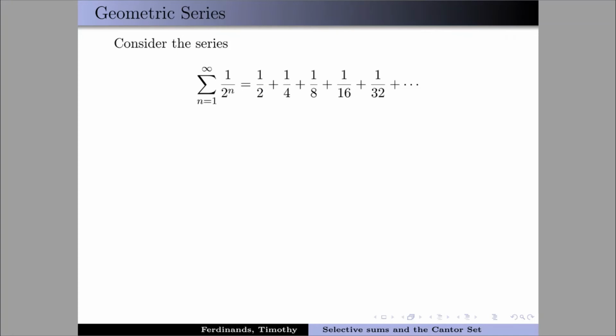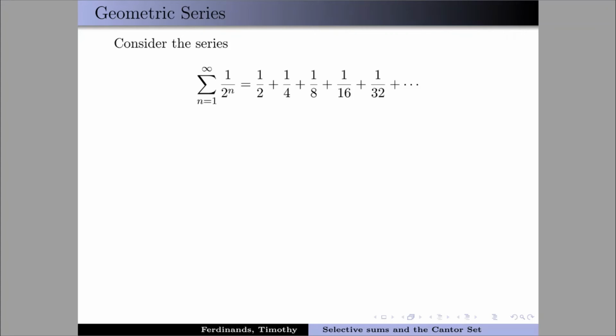For this particular example, I have a visual of what's going on that might help you see how adding up all of the terms in this sequence gives us a series which adds up to 1. So we have our series 1 over 2 to the n, which is the sum of these terms.